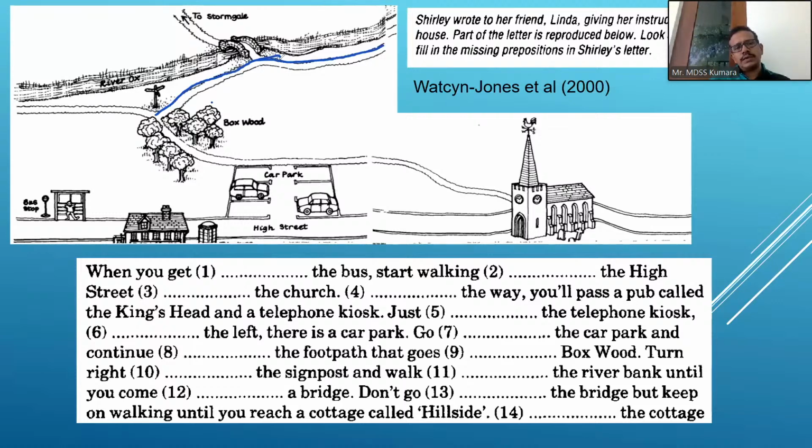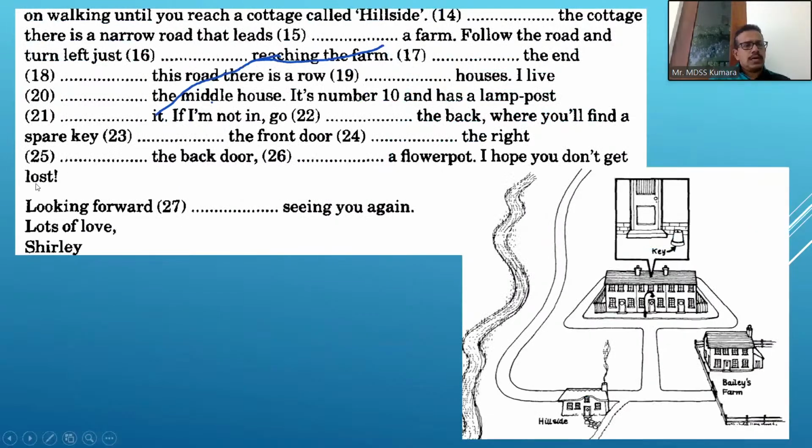Not this way, this way. And when you go this way, you see this cottage called Hillside. A cottage means a small house. A small house in a rural area. Okay.